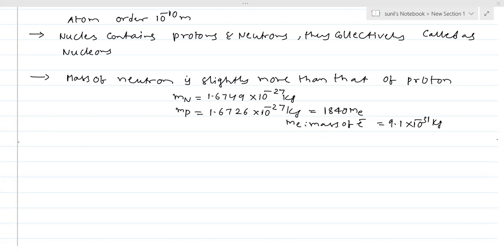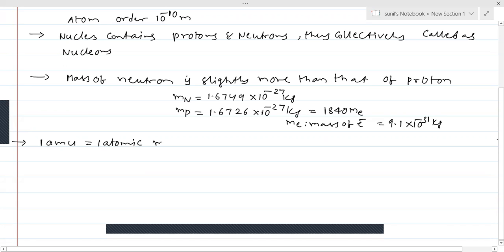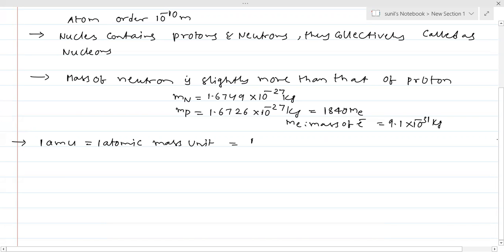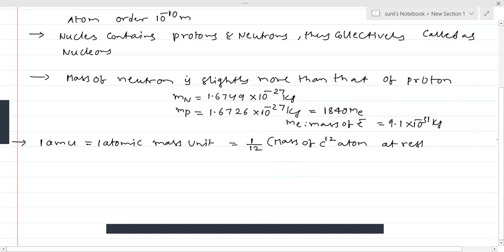After that, we used to think of 1 AMU. 1 AMU is 1 atomic mass unit, equivalent to 1 by 12 of the mass of a carbon 12 atom, 6 carbon 12, at rest in ground state.